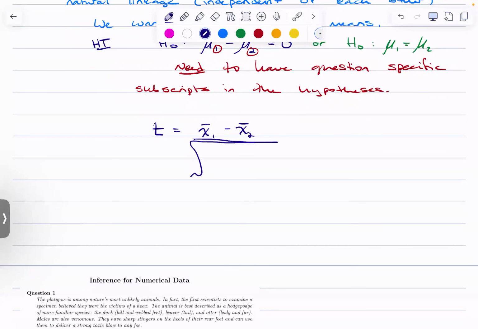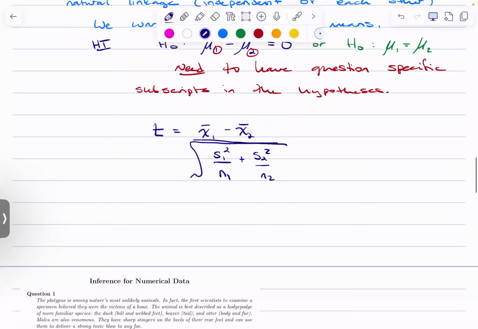Divided by the square root of S1 squared over N1 plus S2 squared over N2, but I will confirm that because it's been a while. Standard error. Right. Don't forget those squares. They tend to make a mess, S1 squared over N1 and then S2 squared over N2. But after that, all you really need to find your p-value is the degrees of freedom.